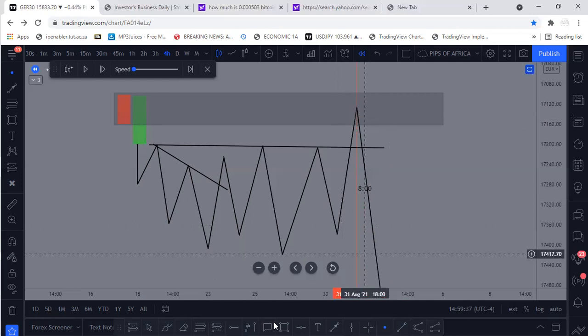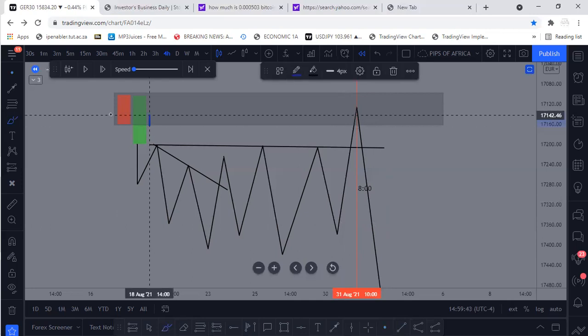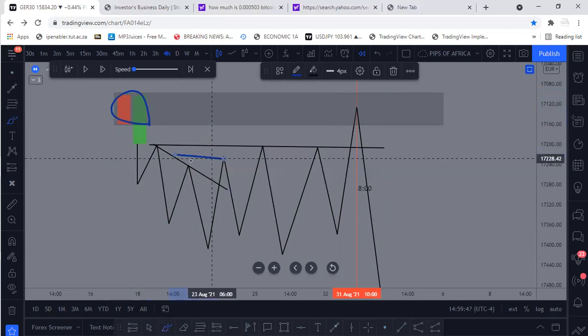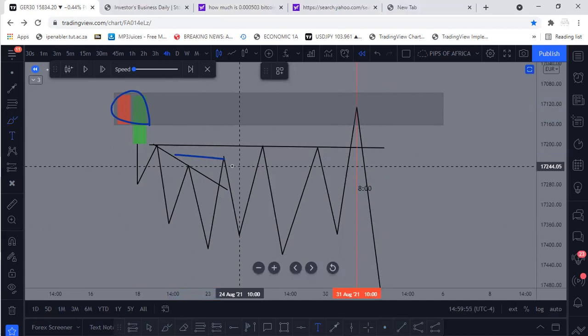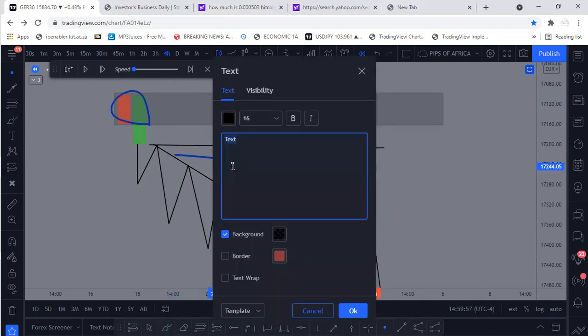Let me repeat that. This is the mother. The order block is the mother of the consolidation. This is the consolidation, and I'm referring to the consolidation as the kids. Let me write it down here. These are the kids.